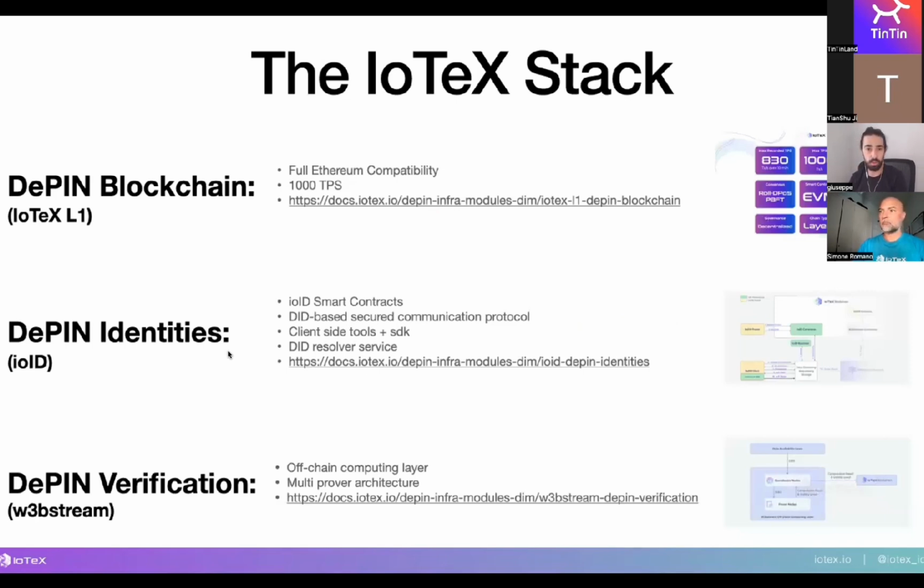And then we have another component called WebStream, which handles the verification of DePIN. Because as we will see in just a few minutes, DePIN verification ends up being one of the most crucial components of an application, and we'll find out why in just a second, even though we brushed upon it on Tuesday.